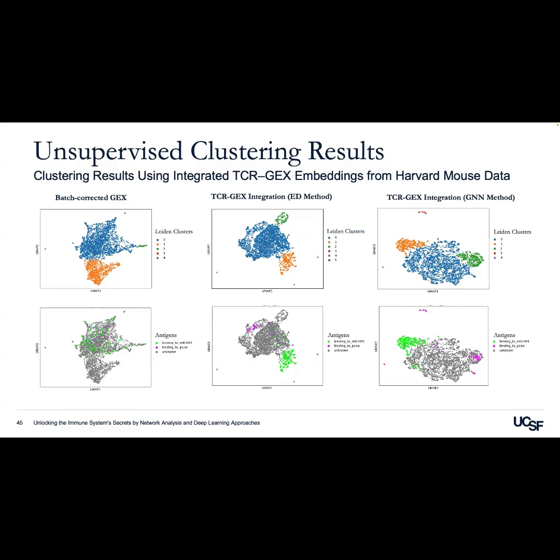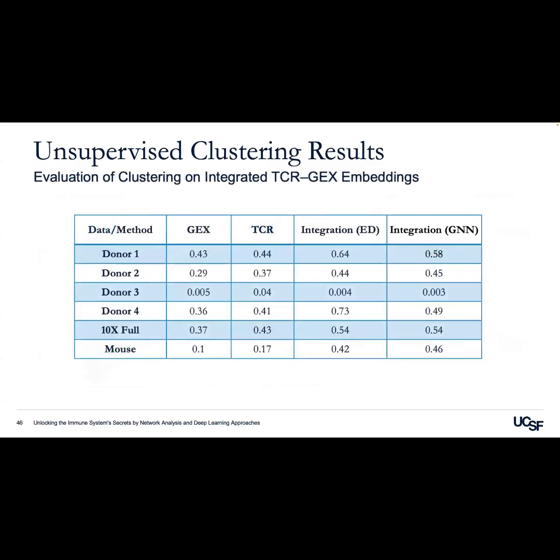But after we do the integration, whether we use the ED model or the GNN model, the cells separate well by different antigen information. And here is the numerical value to compare across different donors; in this matrix, a larger number shows more consistency.